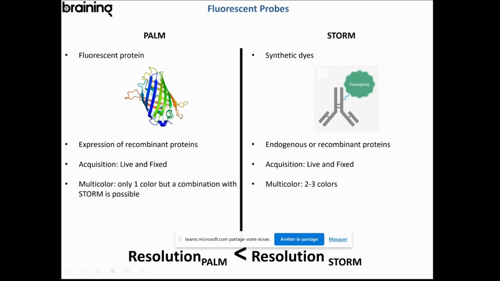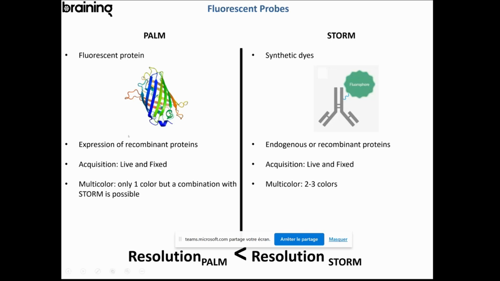While for PALM, we are using fluorescent protein. And most of the time, this is like a GFP protein that can convert between green and red. So that's the photoactivation. That explains why it's called photoactivated localization microscopy.